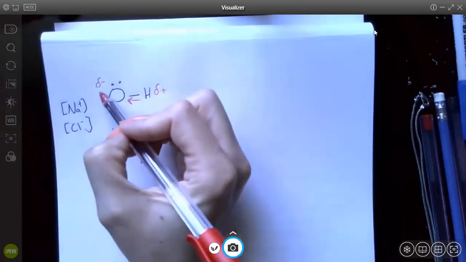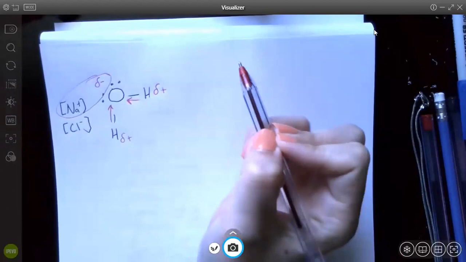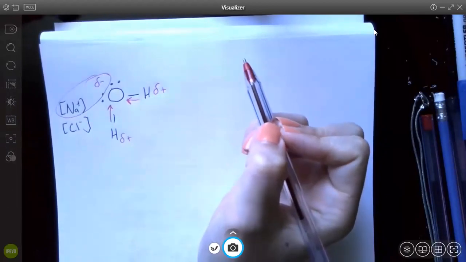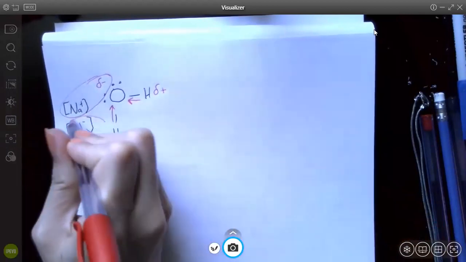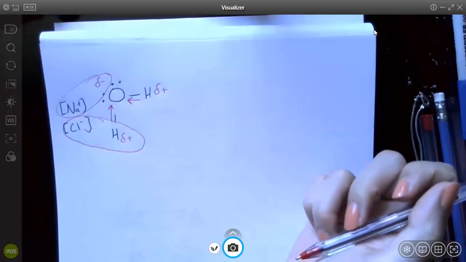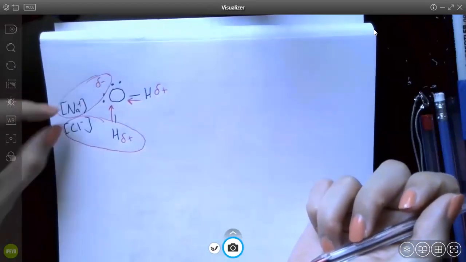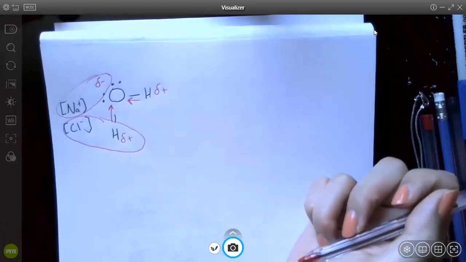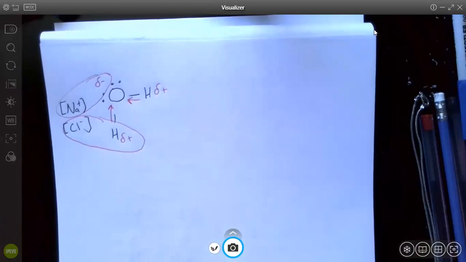And so because of that, there would be an attraction between the negative pole of the water molecule and the positive ion, and between the negative ion and the positive pole of the water molecule. And those different attractive forces would actually pull apart the salt molecule. So that's why ionic compounds dissolve in water.